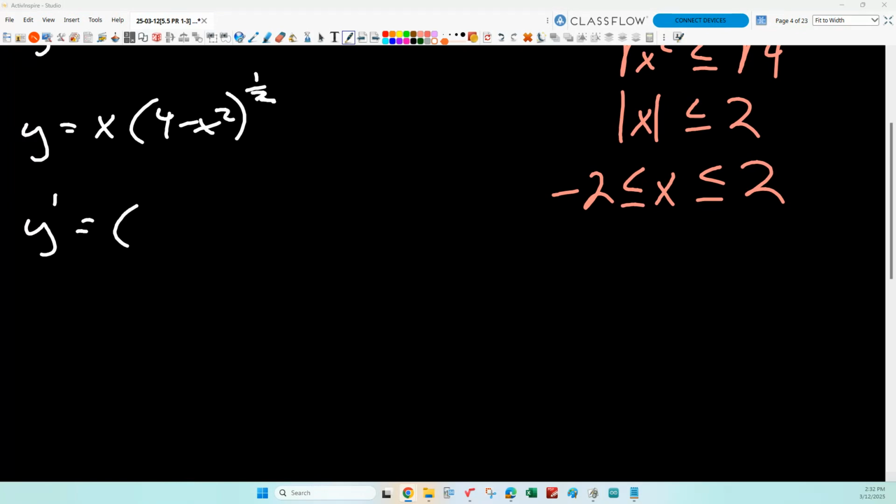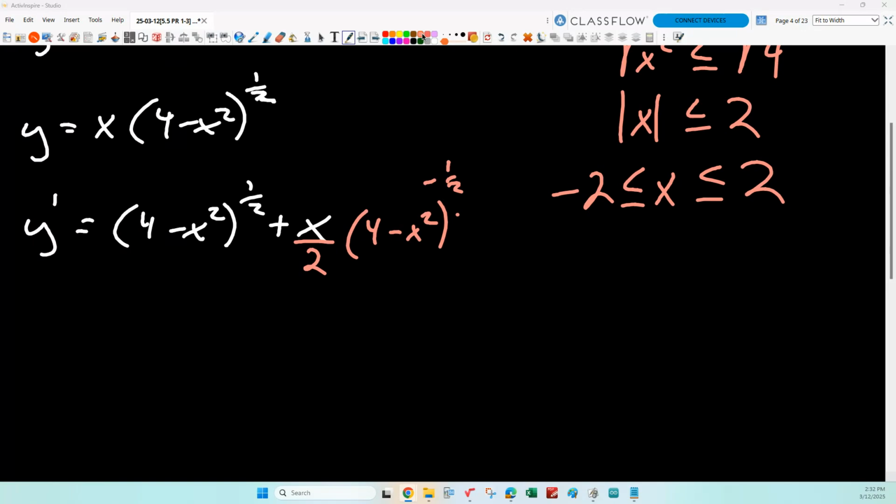So we get the second factor, 4 minus x squared to the 1/2 times 1 plus x times what? Right, I have to do the derivative of the second factor. So I need a 1/2, good. So I'll just put that 2 on the bottom, 1/2 to the negative 1/2 times.